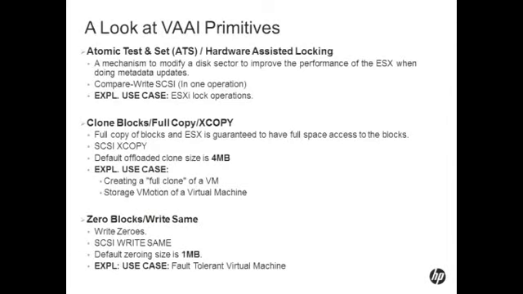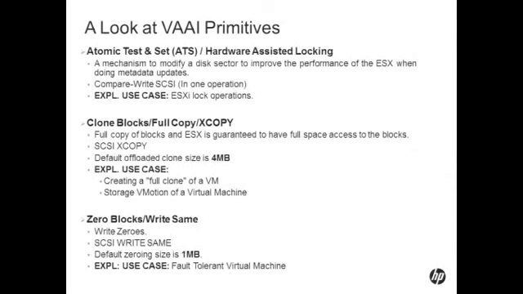The third primitive, block zeroing or write same, is the actual SCSI command, basically zeroing a large amount of blocks. With this write same command, it reduces the time to provision a virtual machine, because the operation is offloaded to the array, and you don't have to have multiple write commands from ESX to the array, much more efficient.